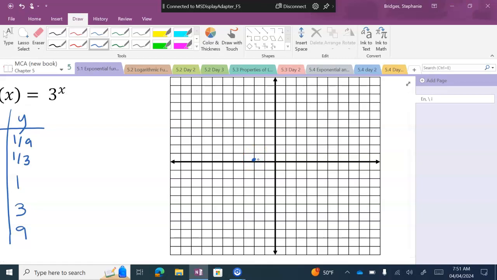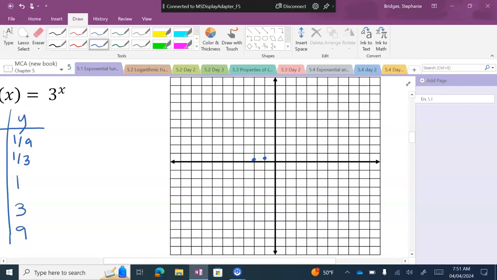And then we'll plot the point -1 and 1/3. So here's my question. Is 1/3 going to be further away from 0 or closer to 0? Think about 1/9 and 1/3. 1/3 is bigger, right? Okay, so it's going to be just a little bit further up. Not much, and sometimes we can't really see how much further up it's going to be.